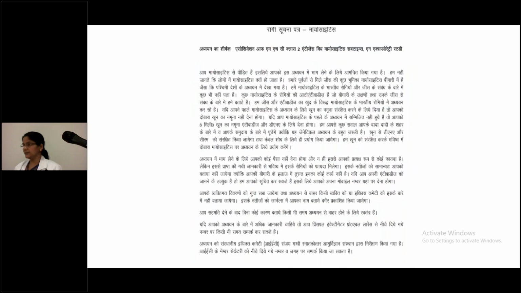Similarly, a Hindi PID. The problem that we face sitting on this side is about the Hindi PID. All of you are well versed with English because English is the medium of your learning. How many of you know how to type in Hindi? Every one of you will require a Hindi PID. Why? Because most of our patients don't know English.